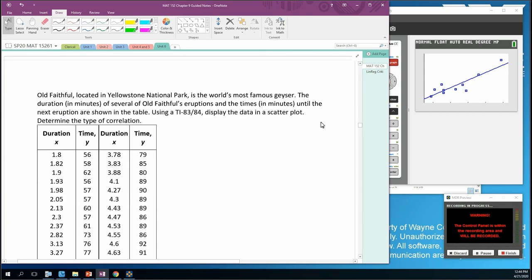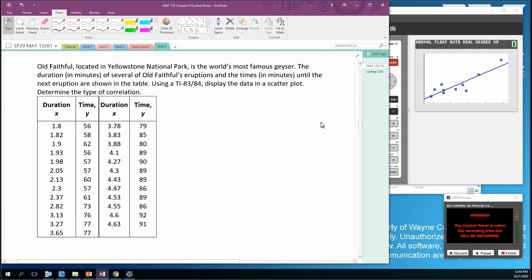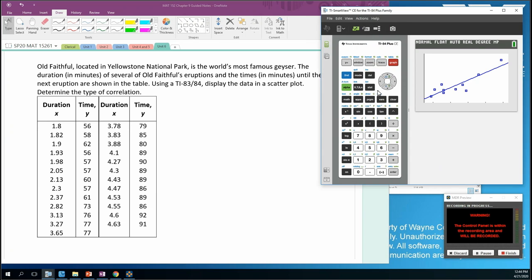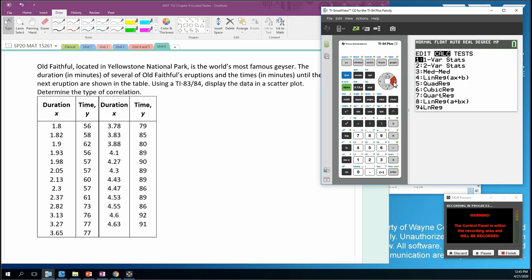Now we're going to do this one here, Old Faithful, which is located in Yellowstone National Park. We're actually going to change some things. For LinReg, the data are in L3 and L4. So I'm going to put those in and then calculate it.